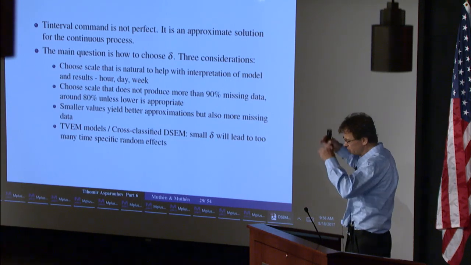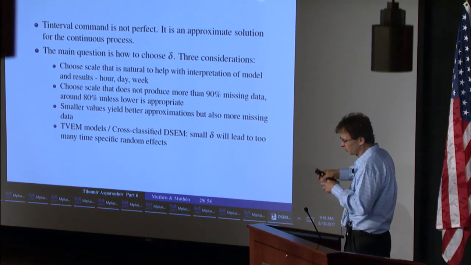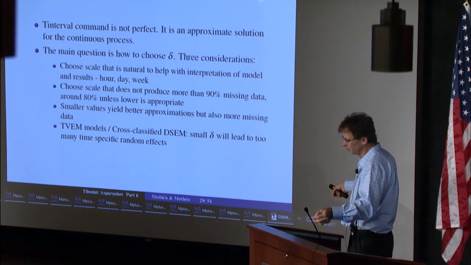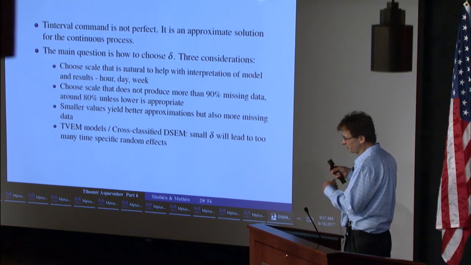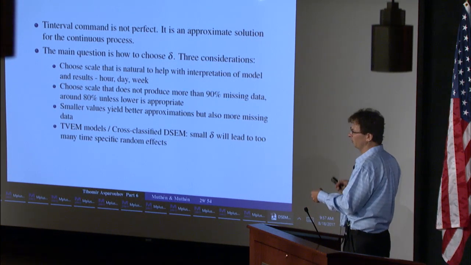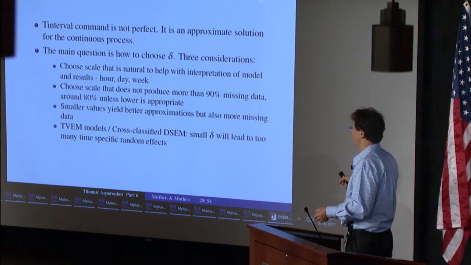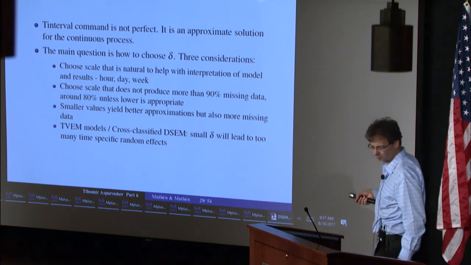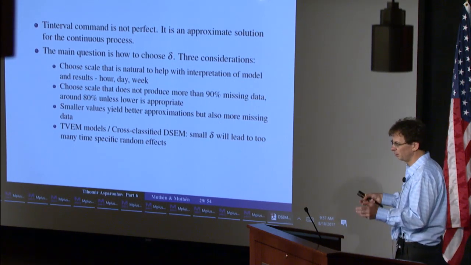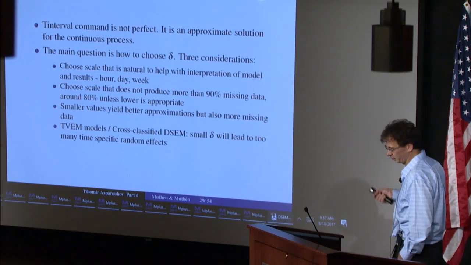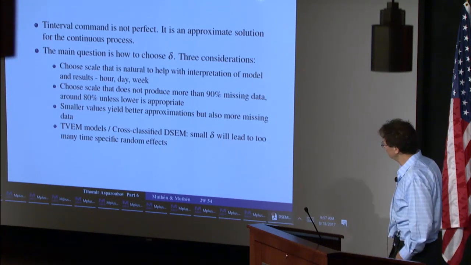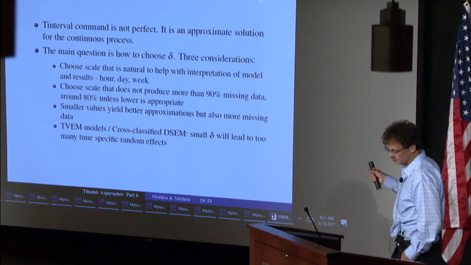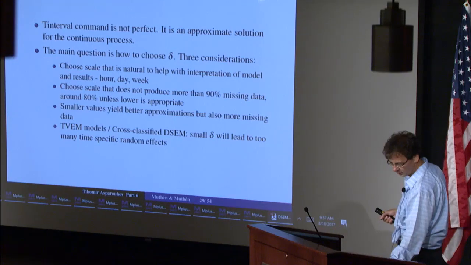And the observations in the data are going to be distributed in these many more time intervals. And then for each time interval, we're actually estimating random effects. So this approach is even more fragile in the cross-classified framework. So be aware of that. In cross-classified modeling, you should be more aware of producing even less missing data.